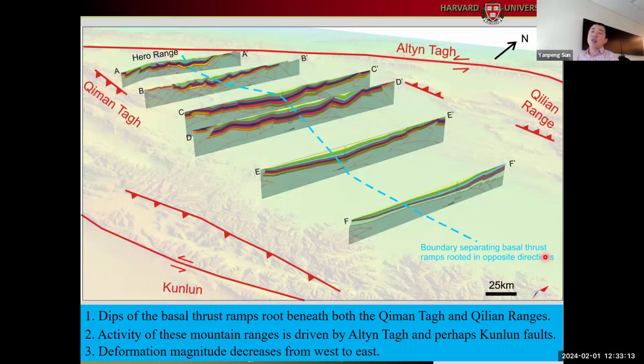So I won't go into all the detail, but the line that I showed earlier was the northwestern-most line. But this is a 3D perspective again of the whole basin, where we really utilize some of these regional sections. Most of these sections are 100 kilometers wide. The general deformation style is much more complexly deformed in the northwestern corner, where it also has the Altenpark and the eastern Quinlan structural fault getting closer.